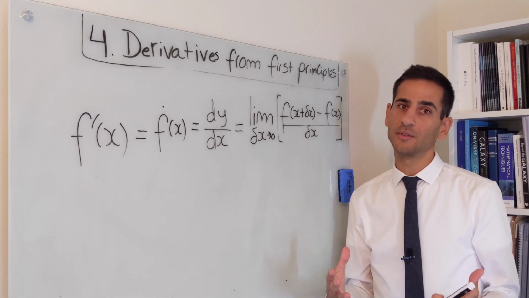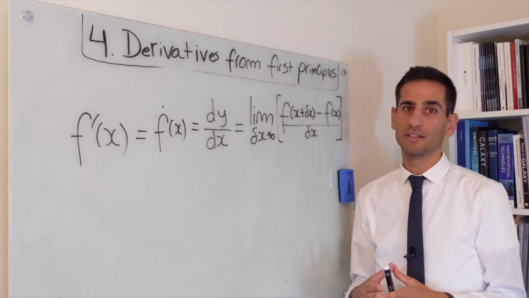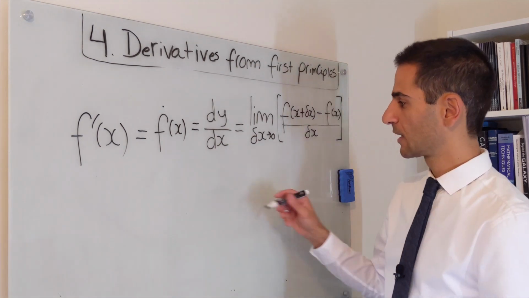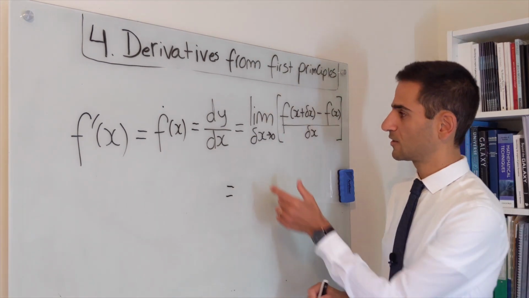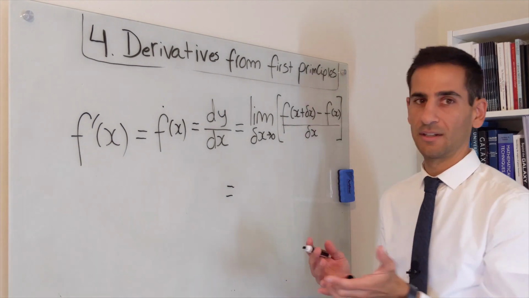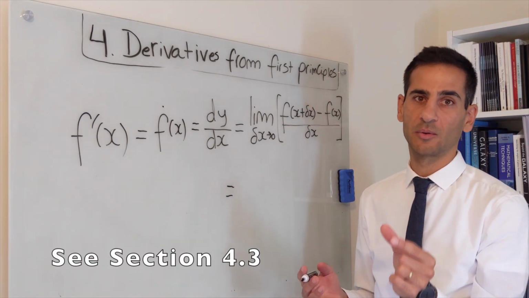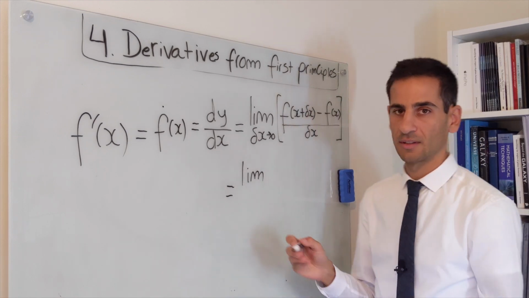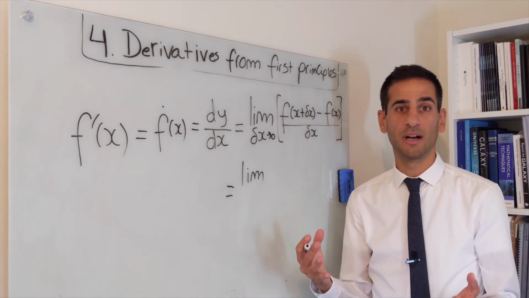It's also important to point out that sometimes there is a more compact notation to this, because this quantity doesn't have to be dx, it could be anything. And it's quite popular actually to use a quantity h. So you will see in books and also in the lecture notes, I'll try to alternate.